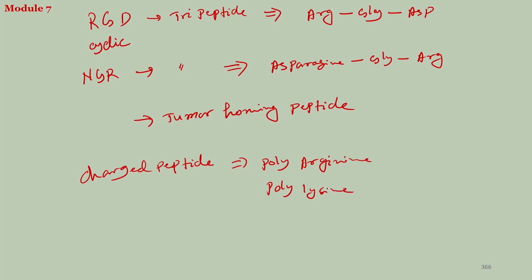Arginine and lysine both have amines as side chains. So, obviously they will exist in the zwitterionic form, they will exist as NH3 plus that has positive charge. If you have a polymer of arginine, if you have a polymer of lysine, they will impose a lot of positive charge in your peptide sequence, and those charged polar peptides are very good in penetrating the cells.